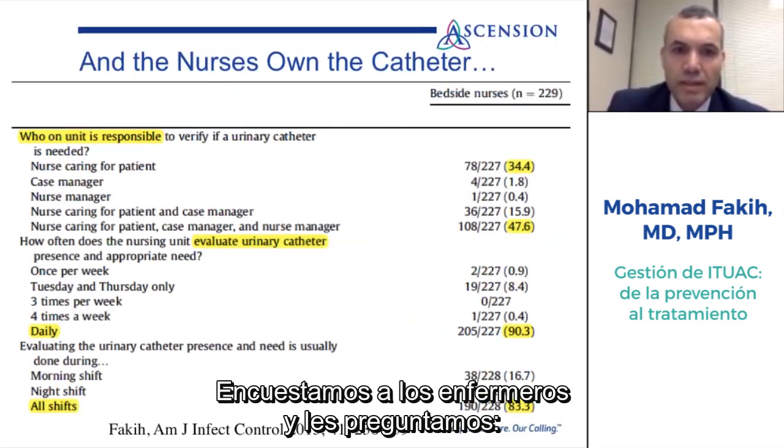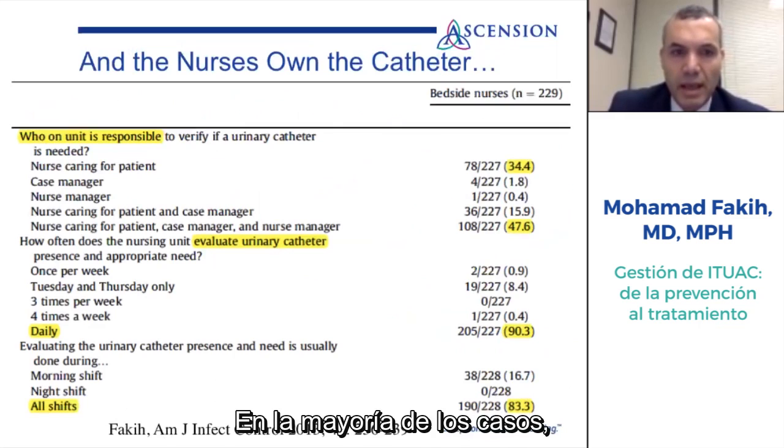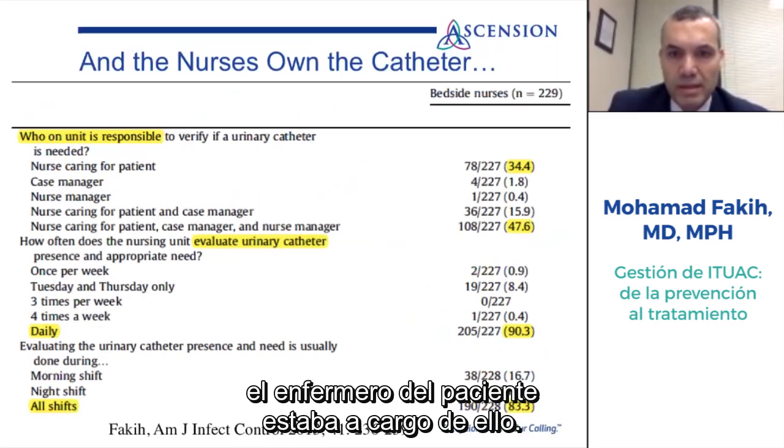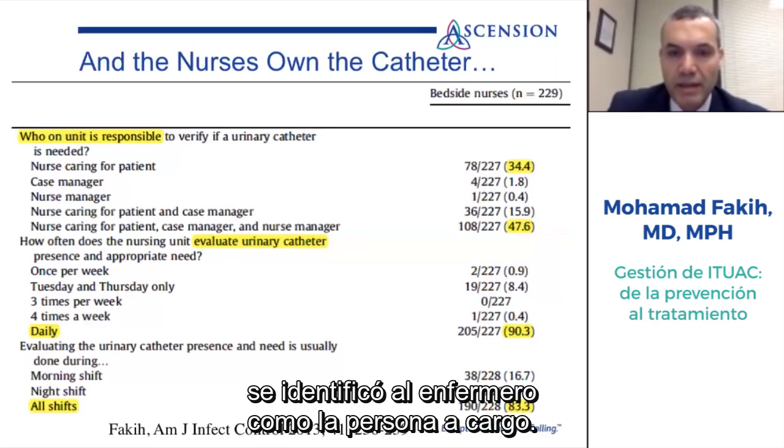So we surveyed also the nurses and asked them, who is on the unit responsible for urinary catheter need? And overwhelmingly, the nurse caring for the patient was the one who is responsible. So either by himself or by herself or with others. But overwhelmingly, the nurse was identified as the responsible person.